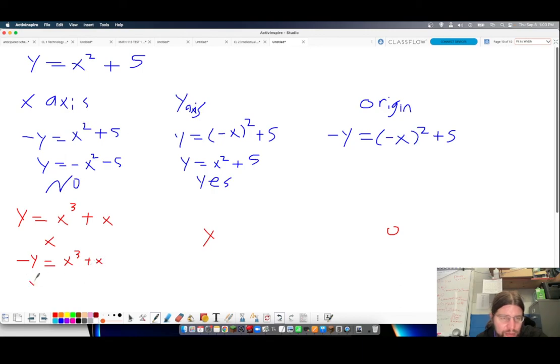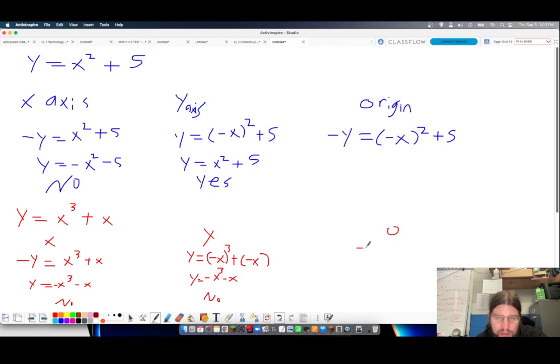Divide by negative 1, and it's not the same. So that's a no. For y, we plug in a negative x. And we get negative x cubed minus x. Again, not the same as the original, so that's a no.